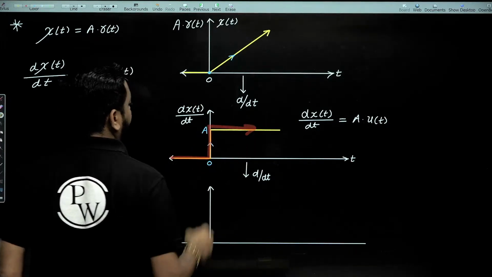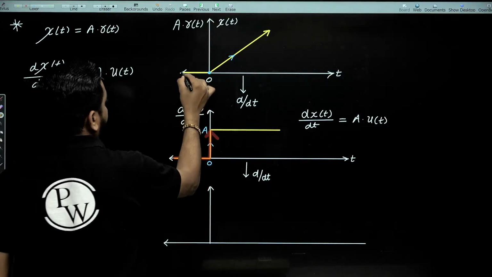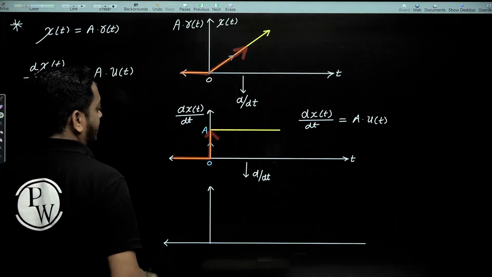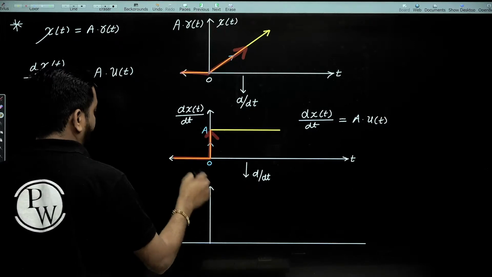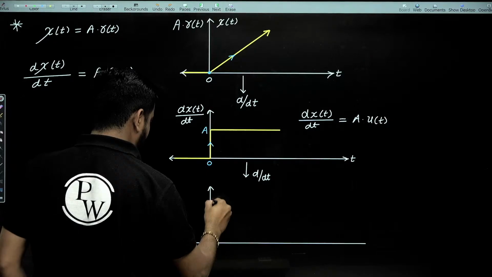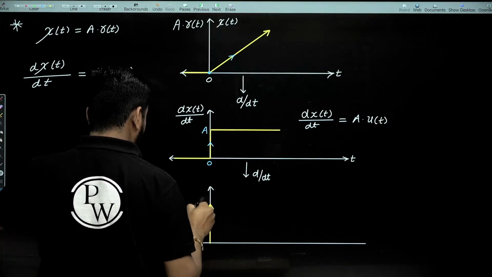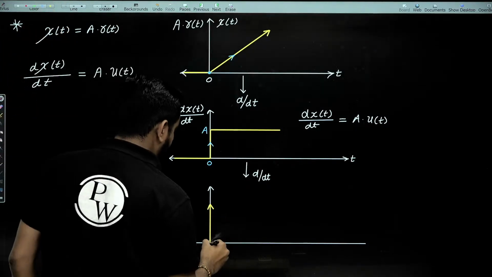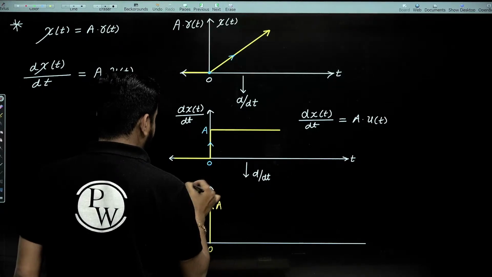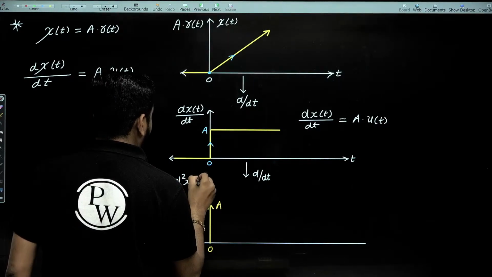That's why it has positive amplitude, and that's why there is positive area in the impulse function. So it will be like this, guys, correct? Here the amplitude is always infinite, but the area is a, guys. This is the second order differentiation of x of t.